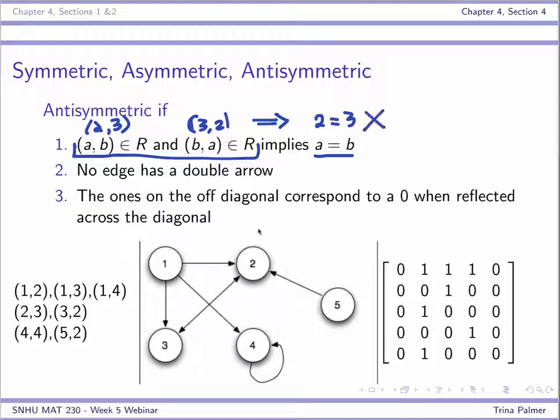It does not, so that shows it is not antisymmetric.